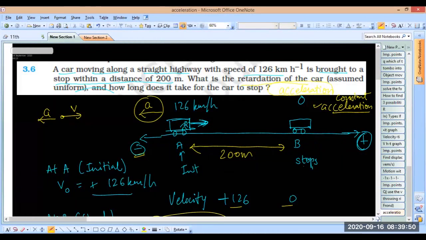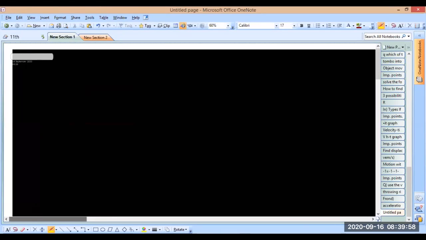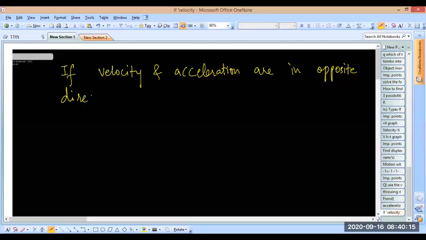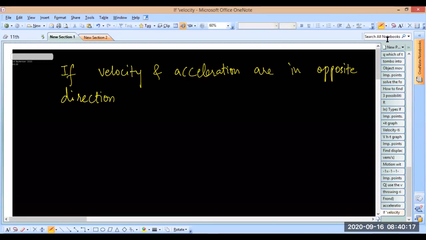All right, everyone. So here is the meaning of retardation. Listen to this carefully. This is a very important point. Please write it. If velocity and acceleration are in opposite direction, if velocity and acceleration are in... you people are going to miss it, I am telling you not to write your answer.